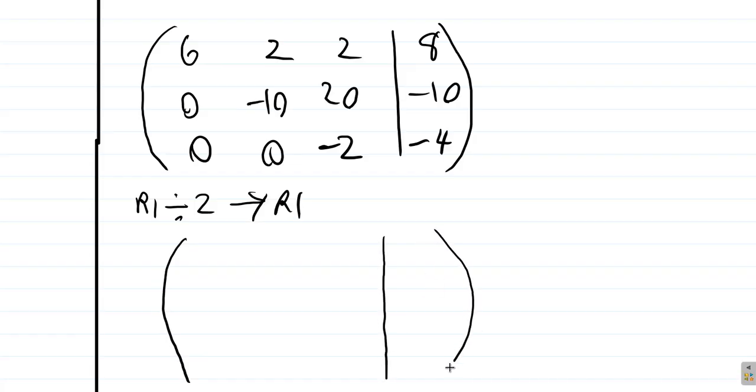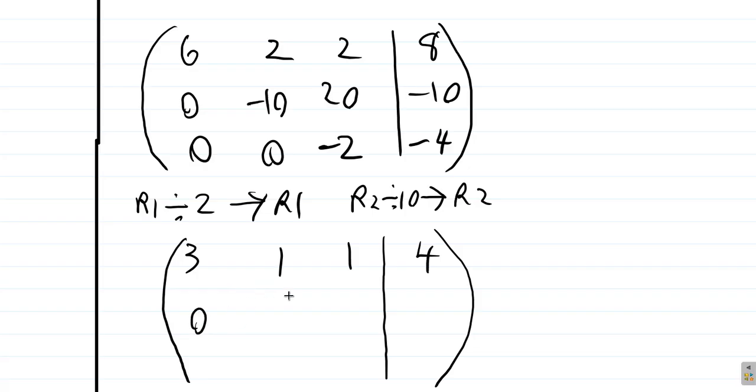So let's get some smaller numbers. 6 divided by 2 is 3, 2 divided by 2 is 1, this is 1, 8 divided by 2 is 4. Then we could say row 2 divided by 10 will lead to our new row 2.